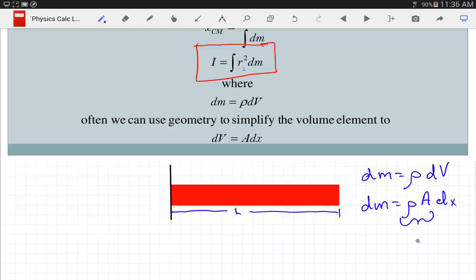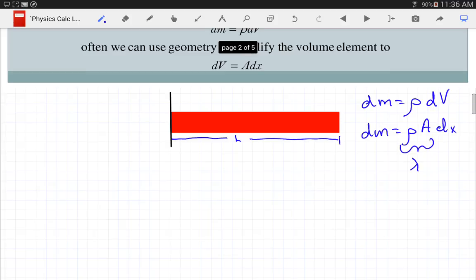And the rho times cross-sectional area, I will just call lambda for the lineal mass density. And so I'll define lambda is equal to the mass over length is the lineal mass density.